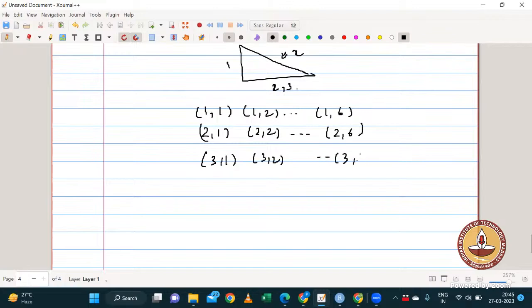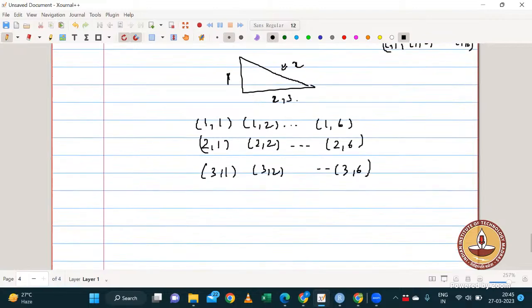Basically, if you take height as 1 and base as 3, or height as 3 and base as 1, you will get the same hypotenuse, right? Square root of 9 plus 1, that's square root of 10, correct? For 1 3 and 3 1, these duplicates will get cancelled. So in a unique way, you will get a total of 21 values.